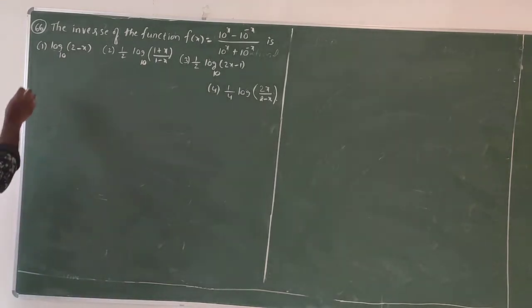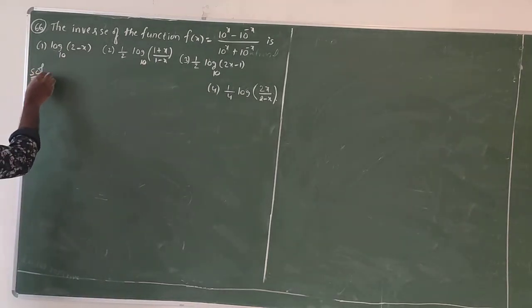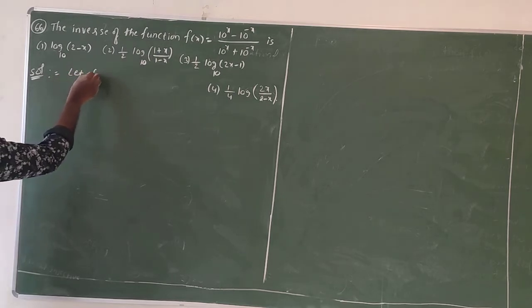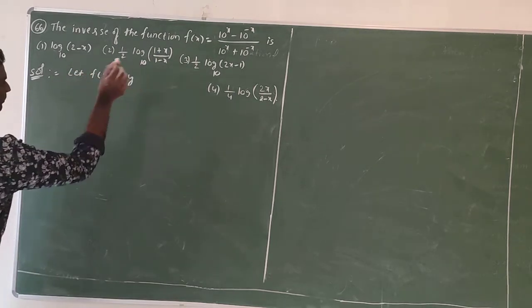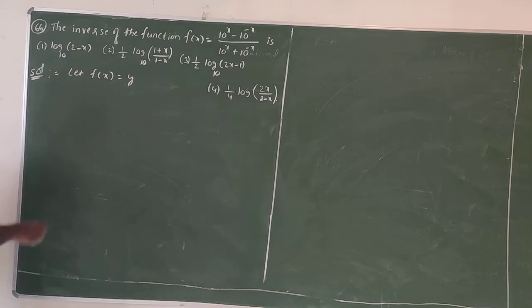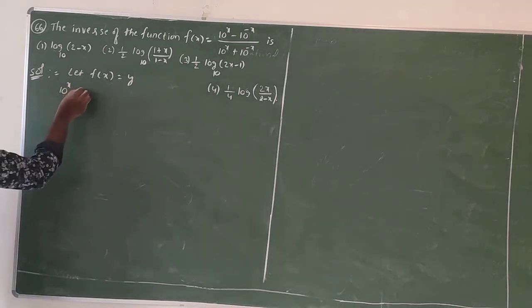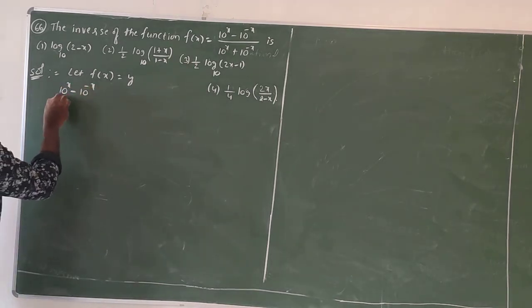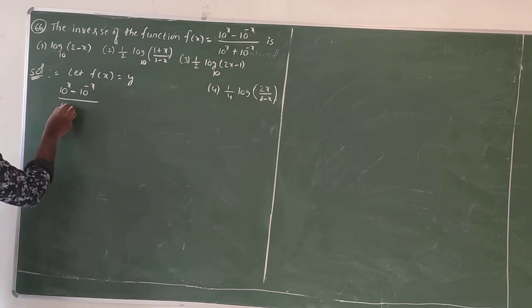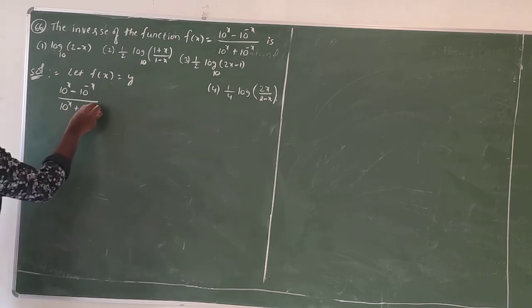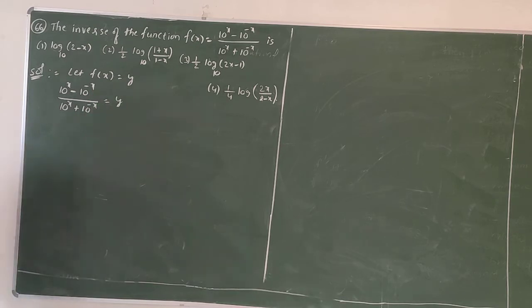Okay. How to find the inverse of this function? Let f of x equals y. f of x is given 10 power x minus 10 power minus x by 10 power x plus 10 power minus x, that equals y.